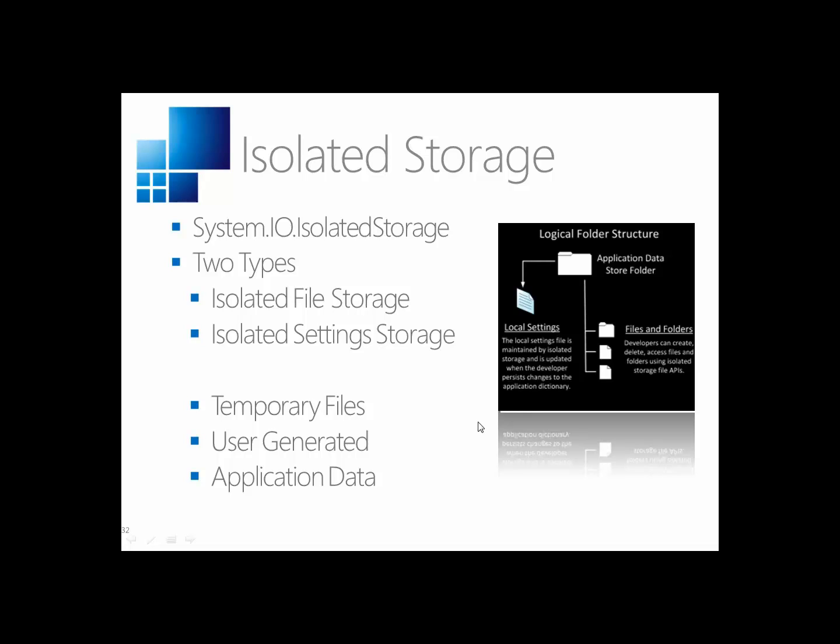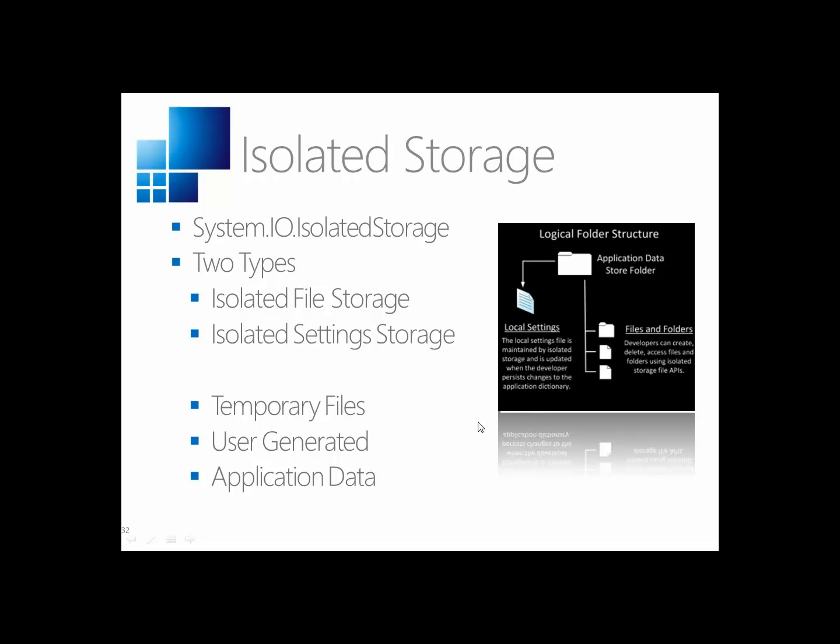So there's two flavors, two types. There's isolated file storage, which allows you to save program data in the phone, stuff that works as part of the data they're saving. So if you're doing pictures, it saves picture data. If it's a checkbook application, that would be the registers that you have in an application.